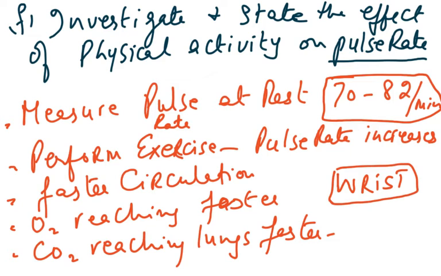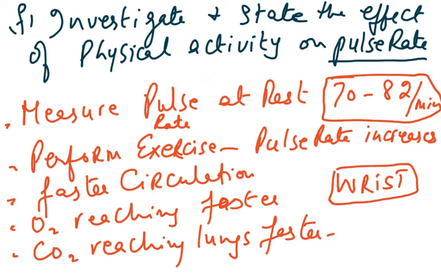So you need a stopwatch, or you need a clock in the room to look at the seconds, and you can count the pulse in 15 seconds and then get the pulse rate in a minute, or you can count the pulse in 30 seconds and then calculate the pulse rate, which is 70 to 80 per minute, right?